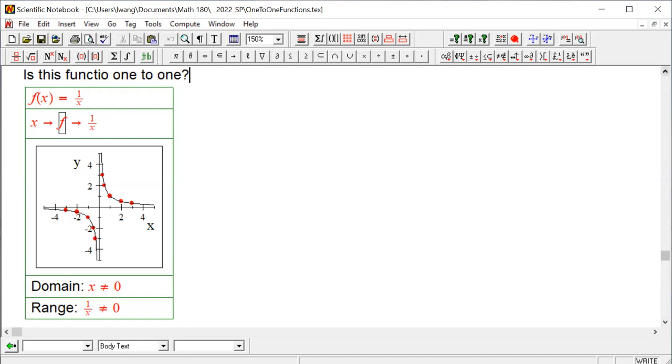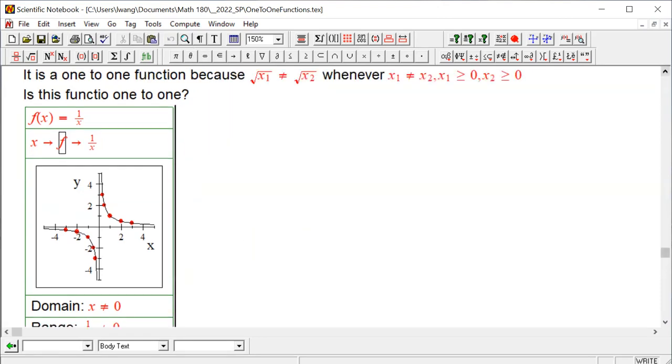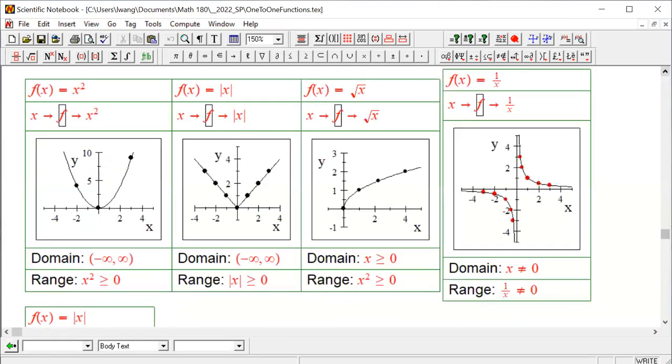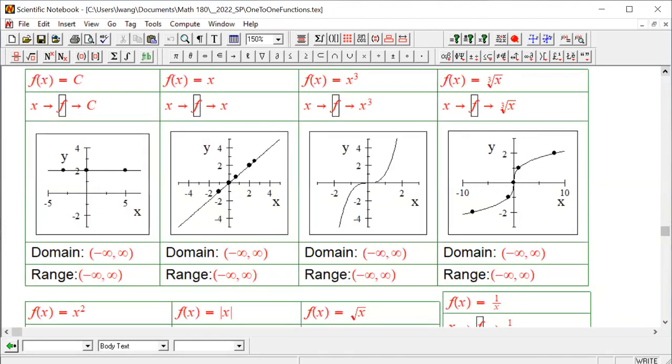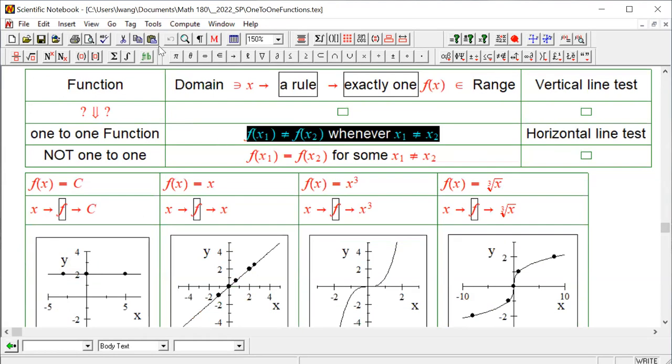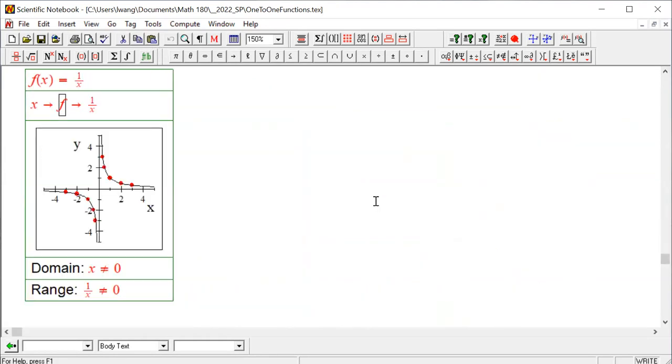Okay, so once again, we're going to apply the definition of one-to-one function. I'm going to copy and paste the definition, which is right here.